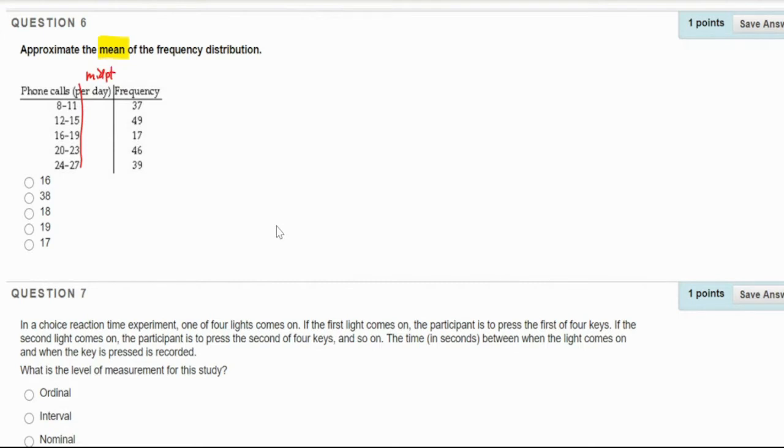So 8 plus 11 is 19, divided by 2, so that's 9.5. And it looks like it's jumping by 4. So it would be 13.5. Next would be 17.5. The next is going to be 21.5. And then finally, we're going to have 25.5.